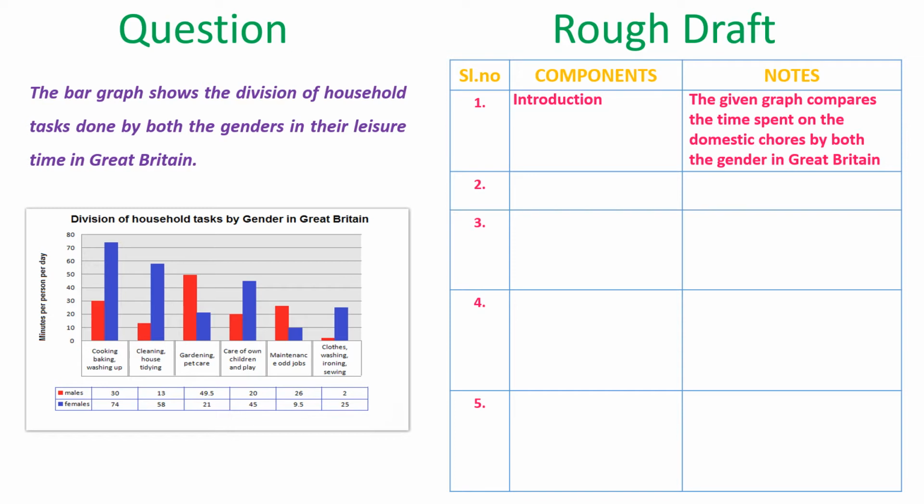The next component of the report is the outline. In the outline, you must mention the important point. Here, I am going to mention it as females spend considerably more time than the men. The third component of the report is the overview.